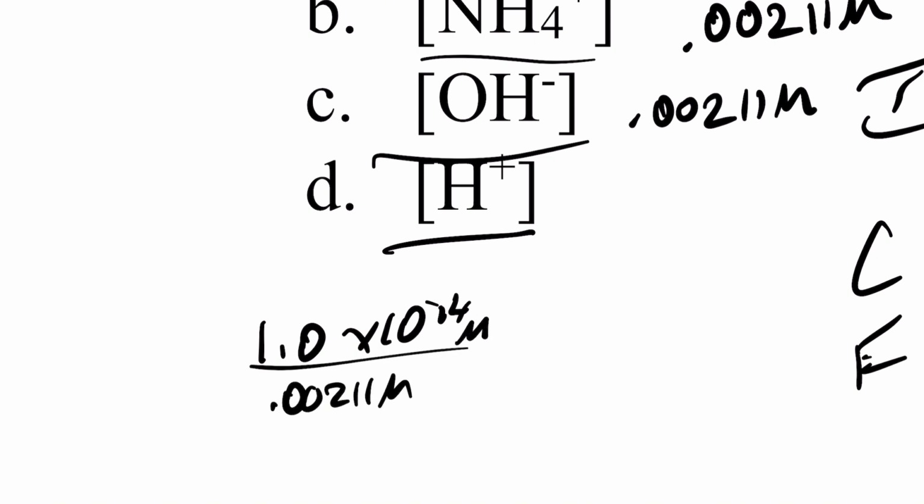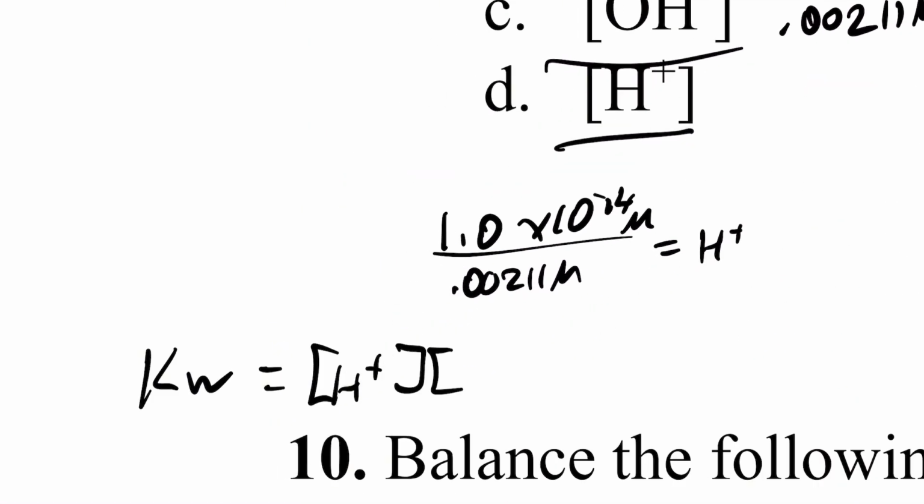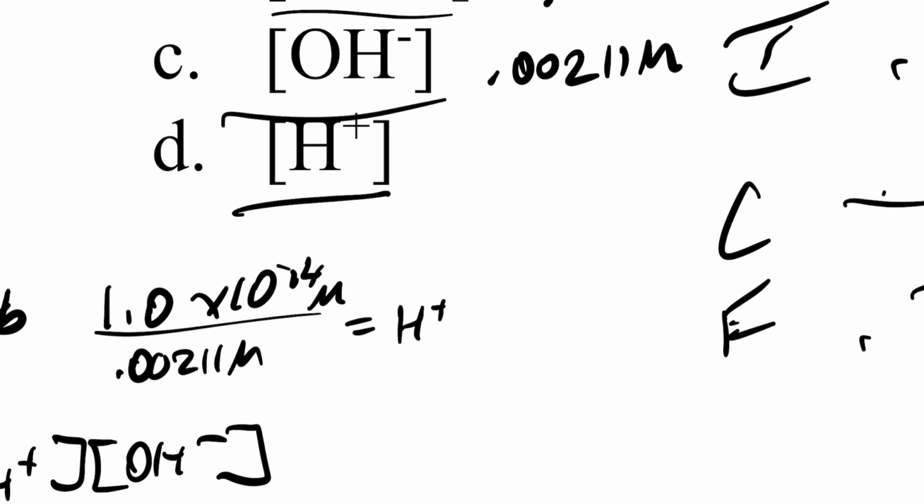You'll get the H plus concentration. That's because Kw equals H plus times OH minus. Likewise, Kw also equals Ka times Kb. Okay, anyways, so this would be 4.74 times 10 to the negative 12.